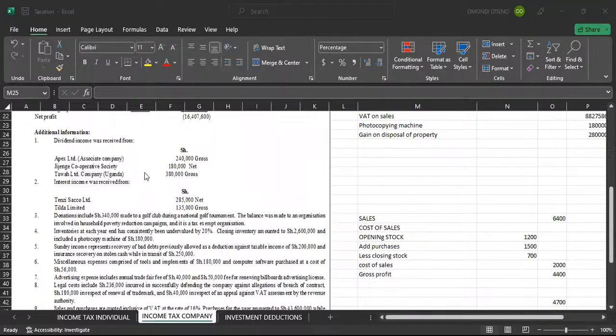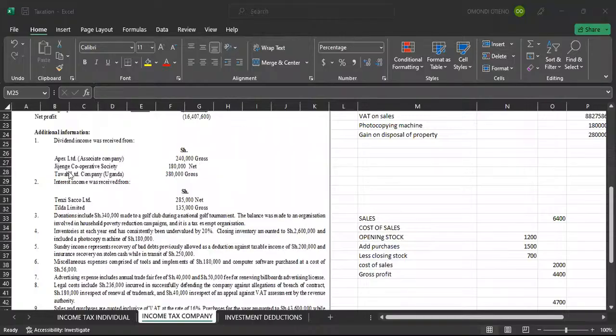They received dividends of 240,000 gross. Dividends from an associate company are exempted from taxation, and therefore this value is not going to be used anywhere in this particular question. We are not going to use it.